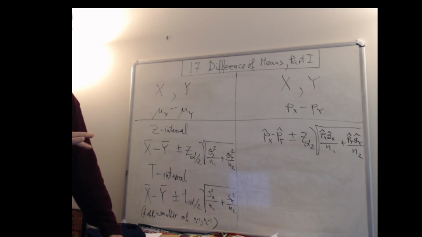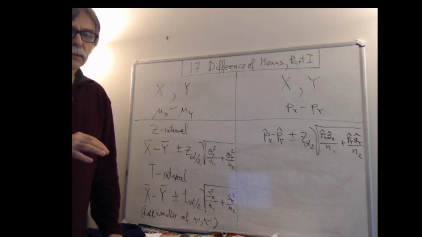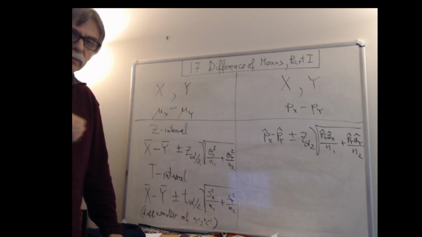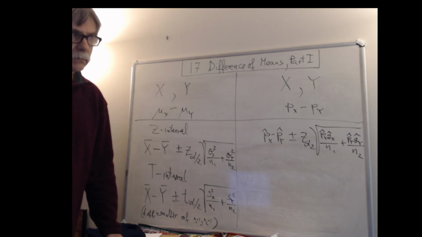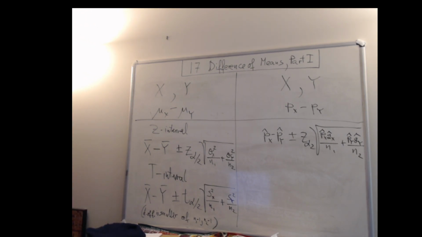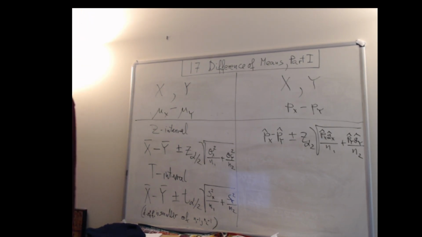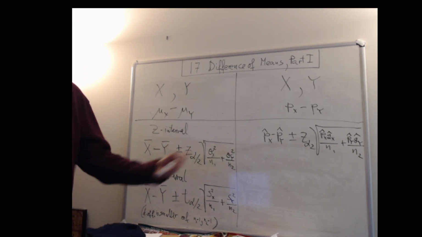They could not be dependent. So you could not have a relation between the items in the first sample and the items in the second sample. Because if you have that, then you have samples that are dependent. If you don't have that, if the sample points are chosen at random, birds on the island, random birds on the continent, they are not related, they are not brothers and sisters, then you have an independent sample.